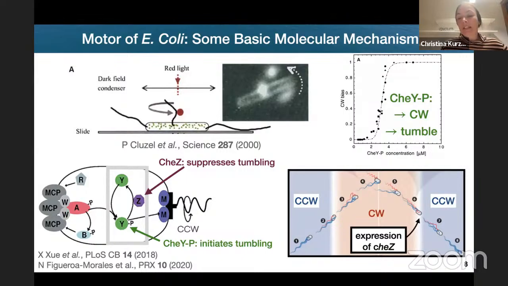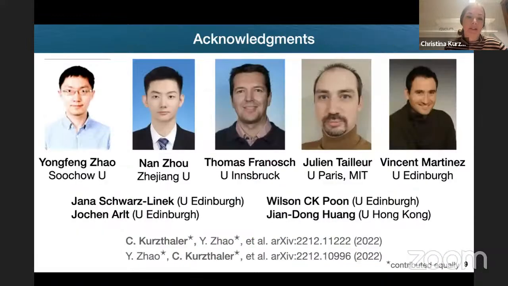But before we can look into these strains, we'll need to find a way to quantitatively measure the run and tumble statistics of E. coli in 3 dimensions. And to do that, we collaborated a while ago with a group of people that include Yongfeng Zhao and Julien Tailleur, together with Thomas Franosch on the theory side.